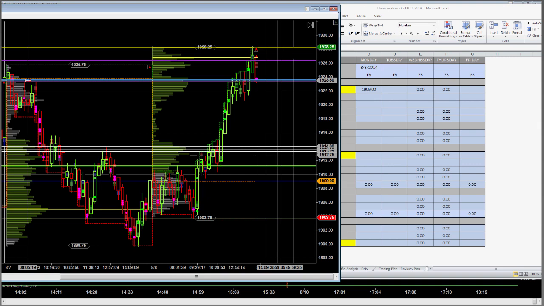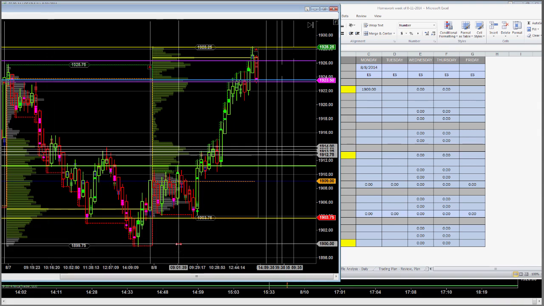Now I want to get a sense, did it break value on Thursday or Friday from Thursday? Did it break Thursday's value? This is what I'm looking at as I trade, because if it starts breaking value, then I care about this low. And how far of a test to the downside did it take?